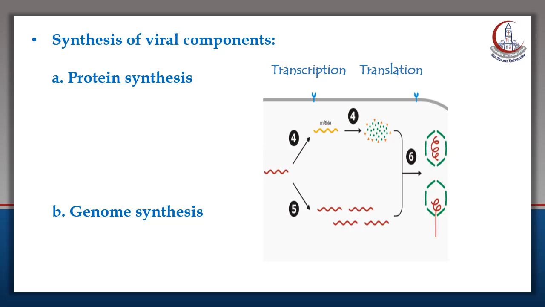As regards the nucleic acid synthesis, the template is the parental genome. And if this genome is single-stranded, then first it forms a complementary strand, which then acts as a template for formation of other genomes.